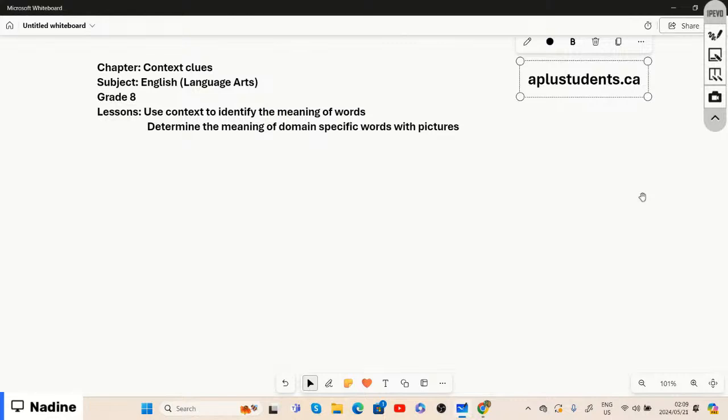And once again, the lessons that we are focusing on are to use context to determine the meaning of words and to determine the meaning of domain-specific words with pictures.